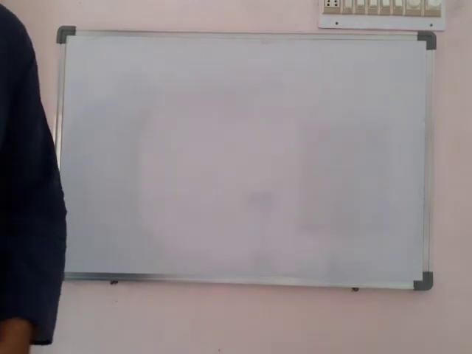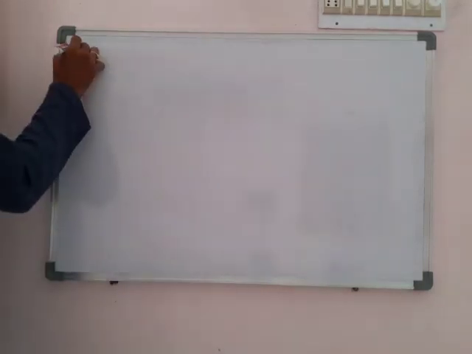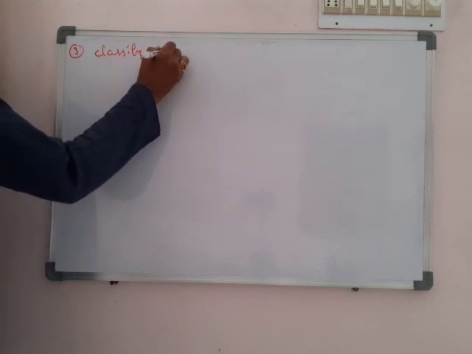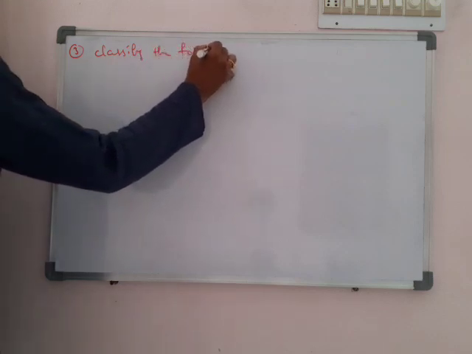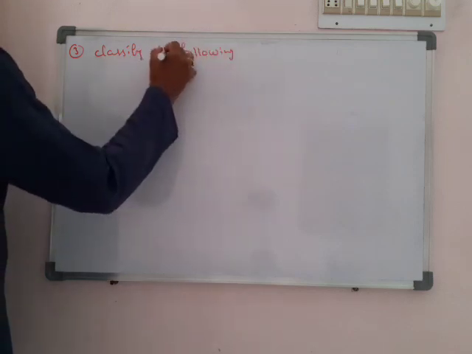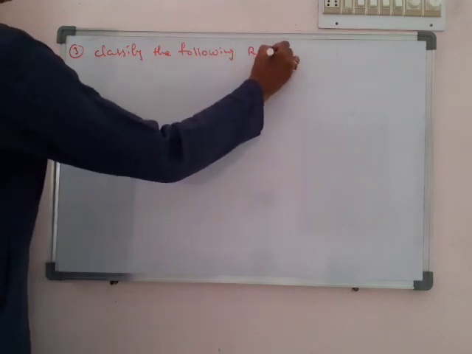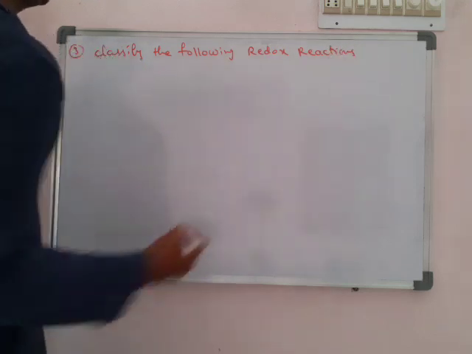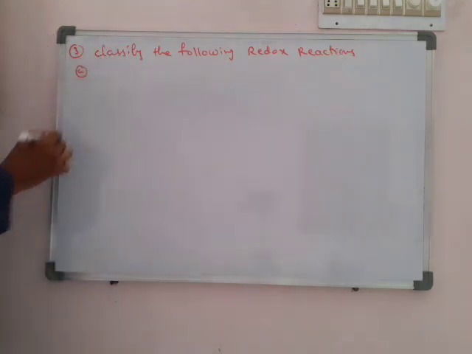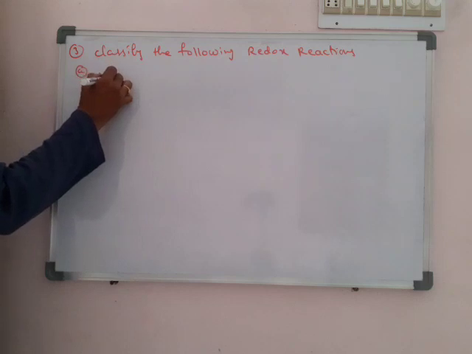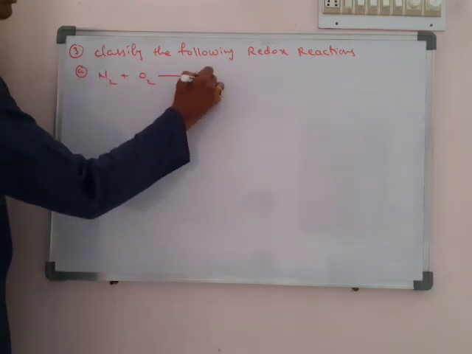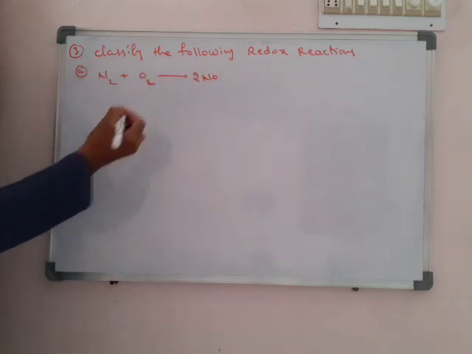So the question is, classify the following redox reactions. So one by one you see it. N2 plus O2 giving 2NO. So which type of redox reaction is it?